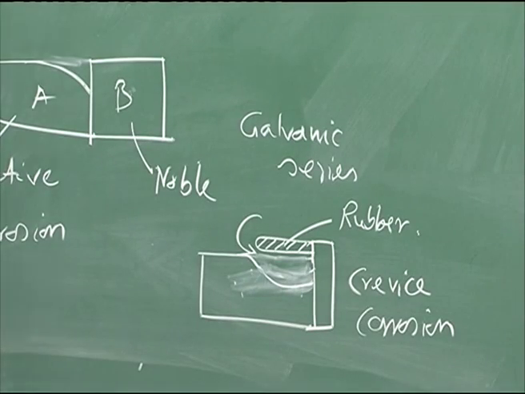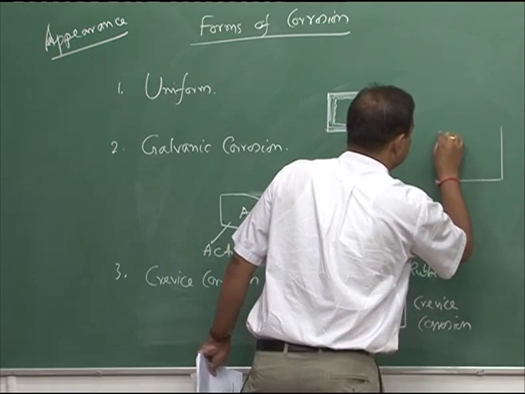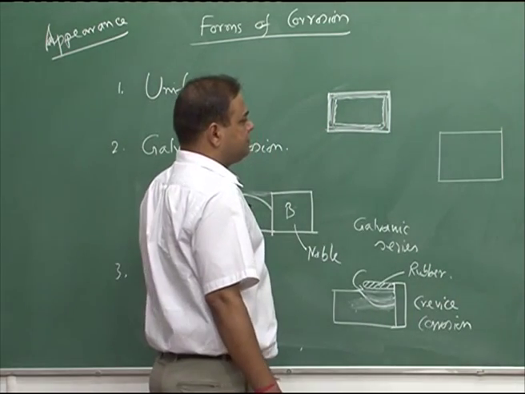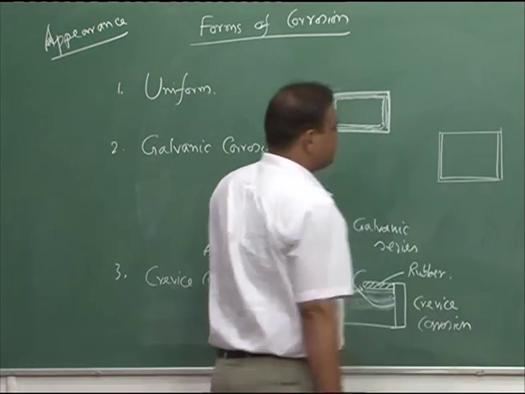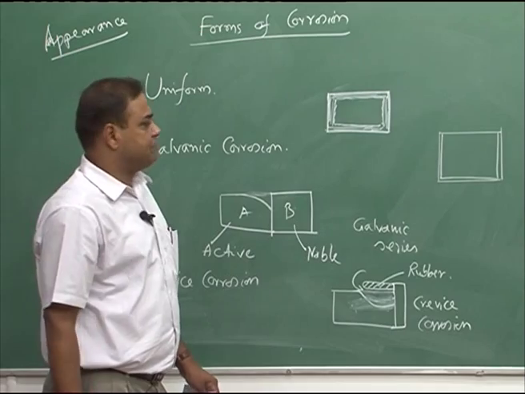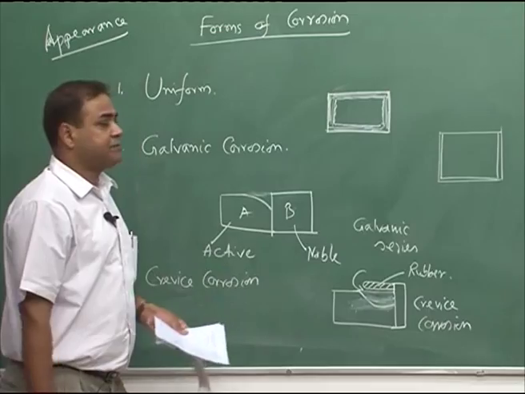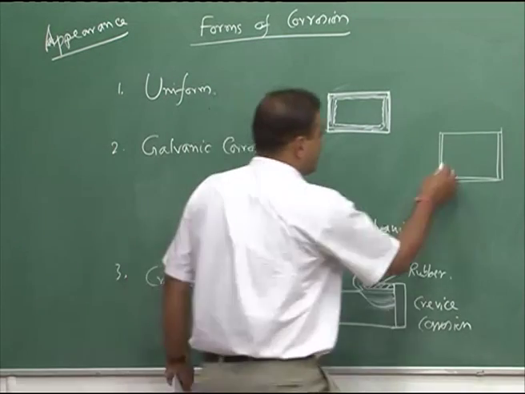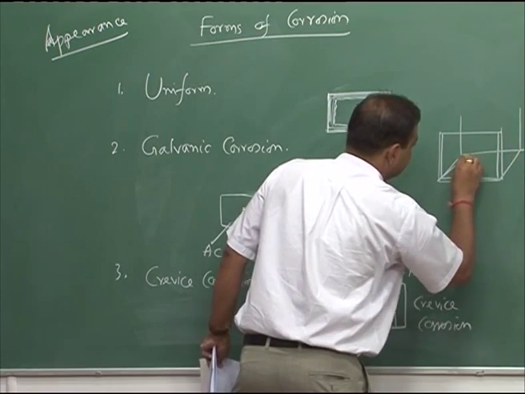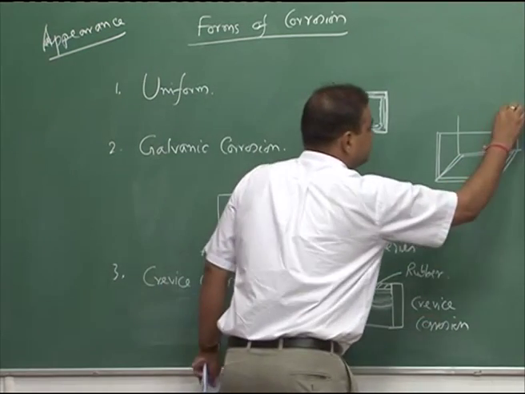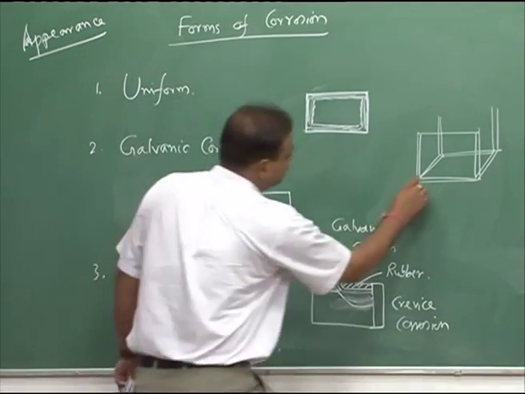This also can happen, let us say, in a water tank which is made of steel. Here also we can have 2 crevices or 4 crevices, since if we consider a rectangular shaped water tank, I can have 4 crevice parts.